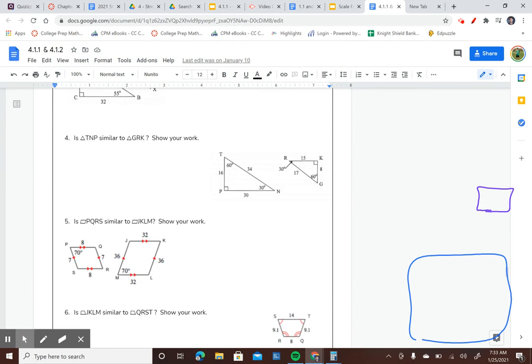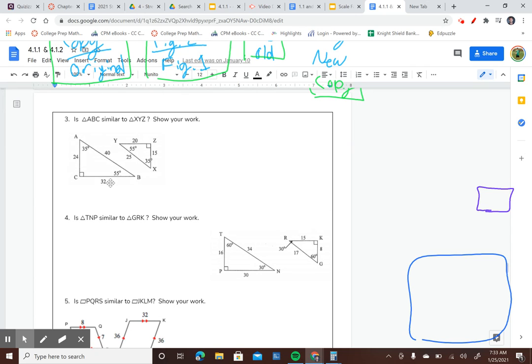And be sure to please show your work just like I did for problem 1. And then you're going to complete this page here. We go through 3, 4, and notice you're going to have to pay close attention to where these angles are, okay, and where these sides are now located, because in this example here we see that the triangle was rotated, and now my right angle, for example, side P, is over here with side K. So that means that like side 17 is going to align with side 34.